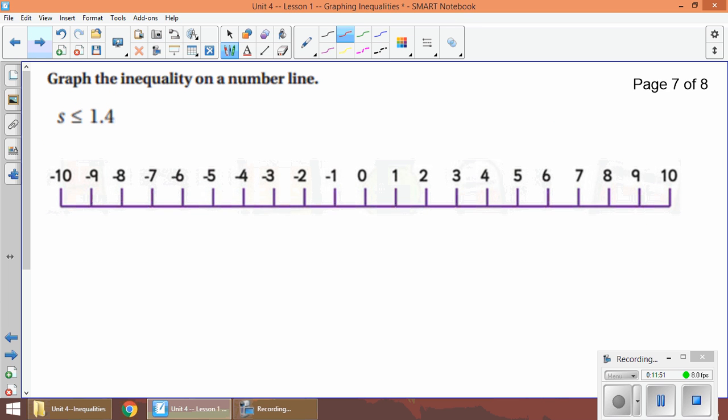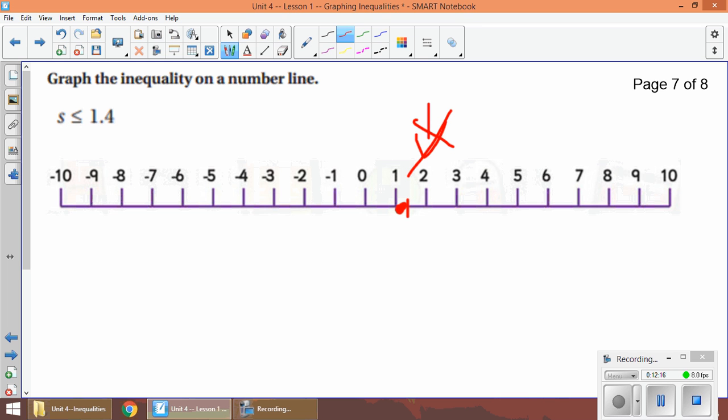Here it says s is smaller than or equal to 1.4. So we're going to estimate where 1.4 is. Well, if that's 1.5, 1.4 is right before it. Okay, and let's test 2. If I go to the right, is 2 less than 1.4? And the answer is no, it's bigger.